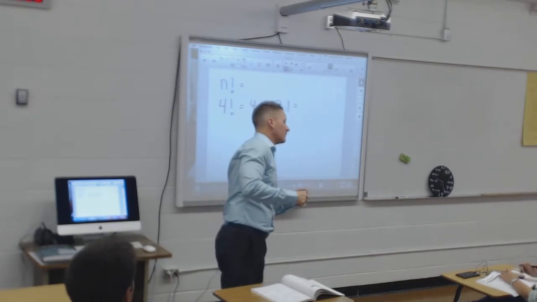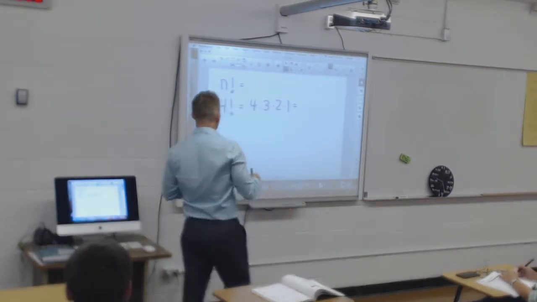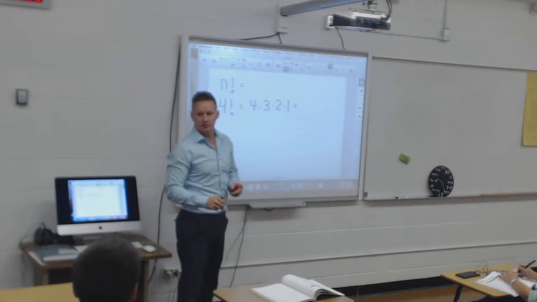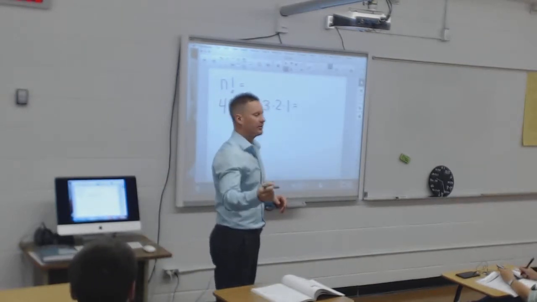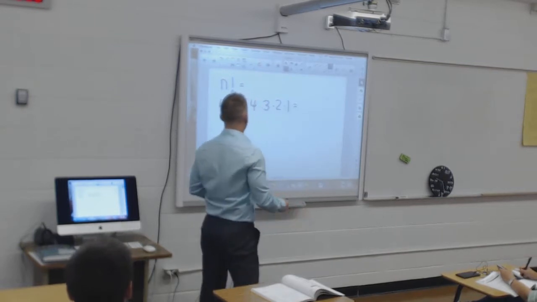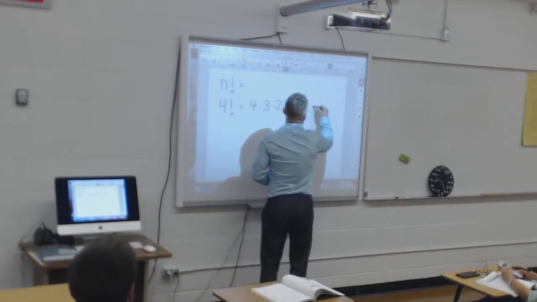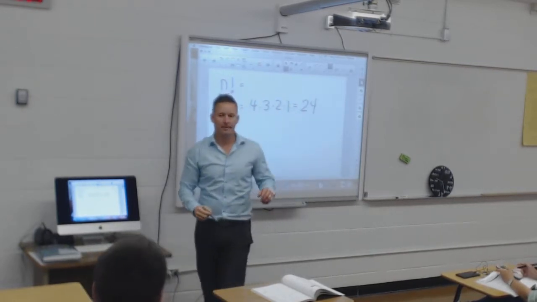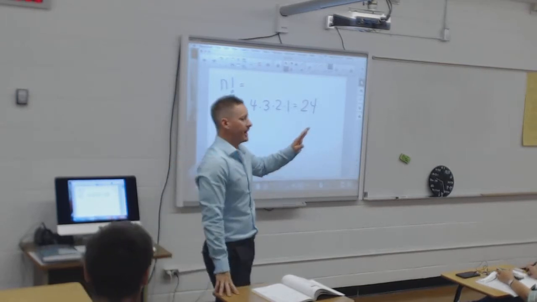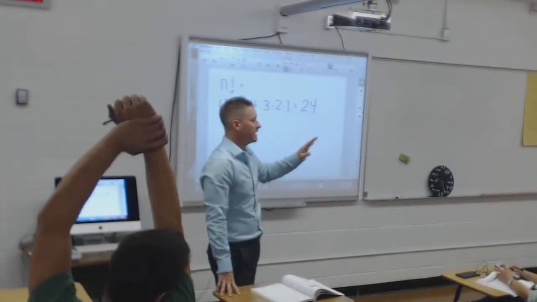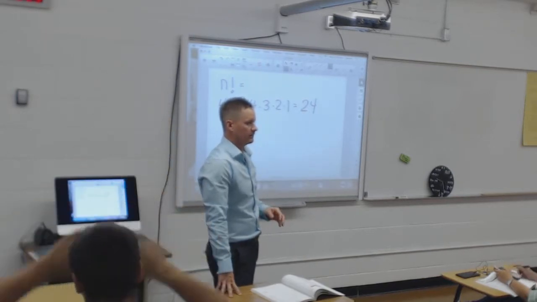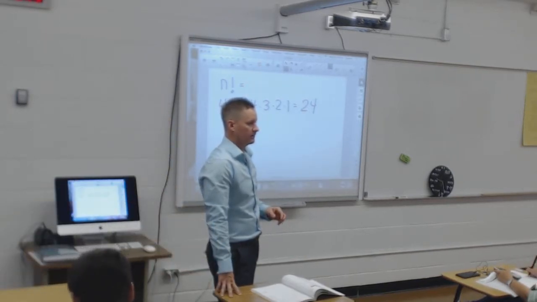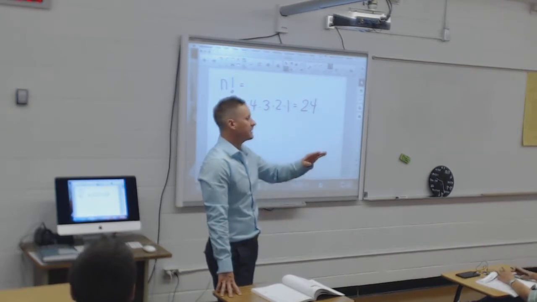Yeah, 4. You okay? Got it. And then once you've done that, hit enter again, and it should give you 24. 24. Fancy. Okay. Anybody not have that? Anybody not see it? Not follow it? Put up your hand. Anybody else other than Kelsey?